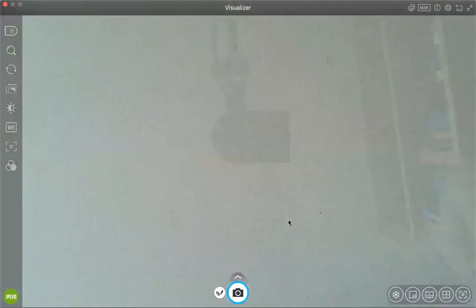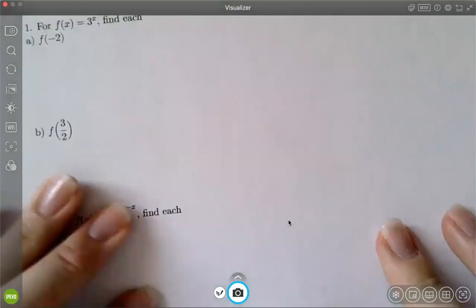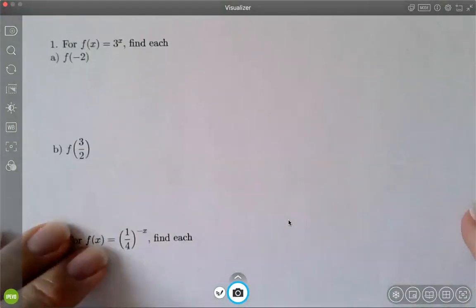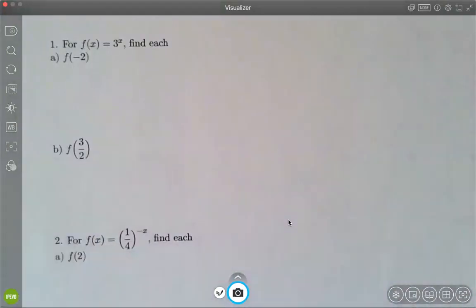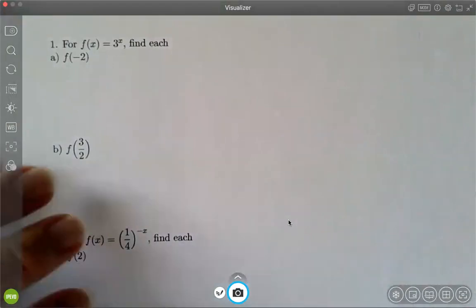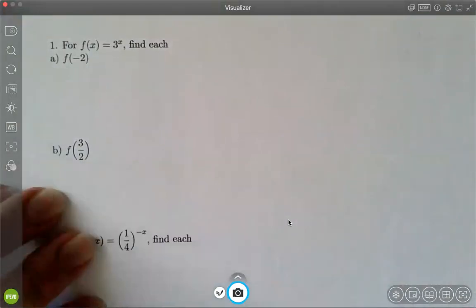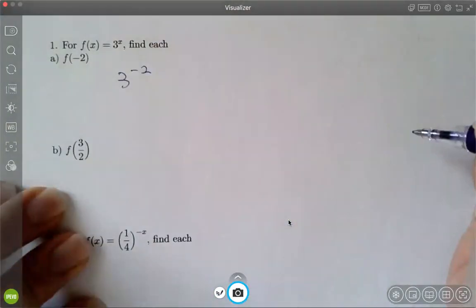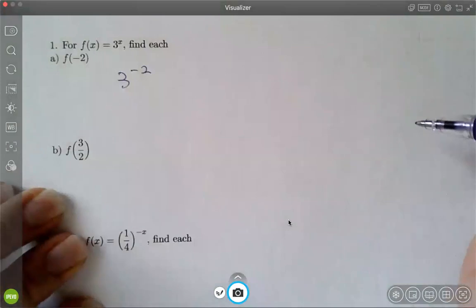Now put the calculators away for now. f of x is equal to 3 to the power x. Find each. Part A, f of -2. That means we plug in -2 for x, so we get 3 to the power -2.